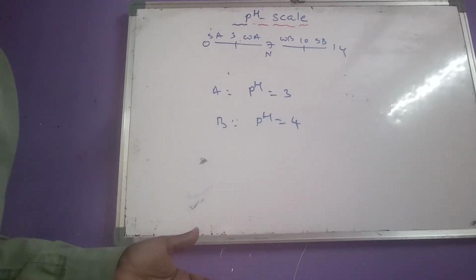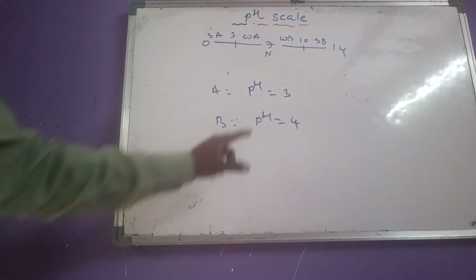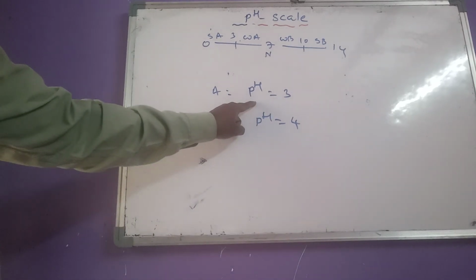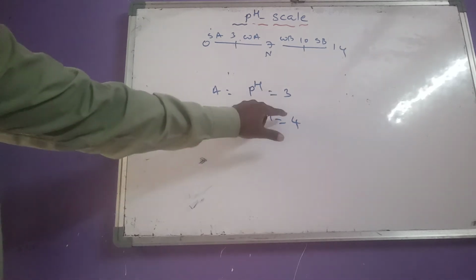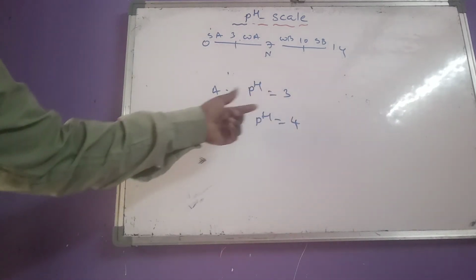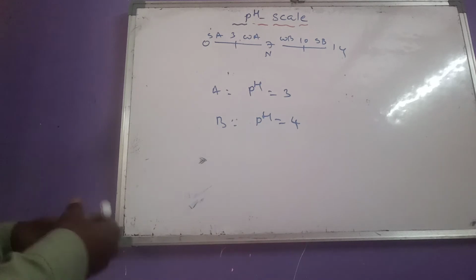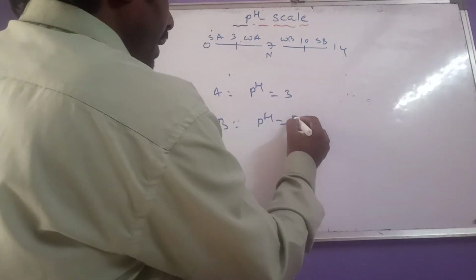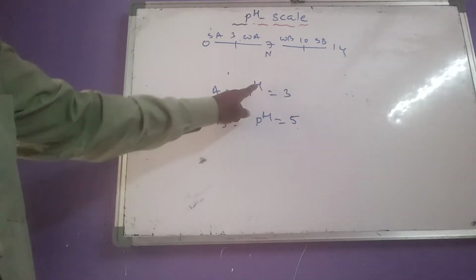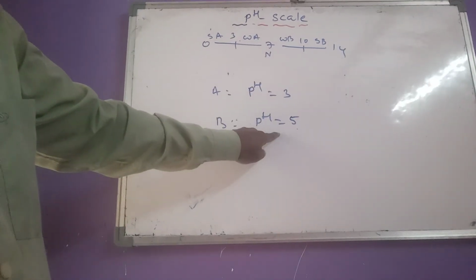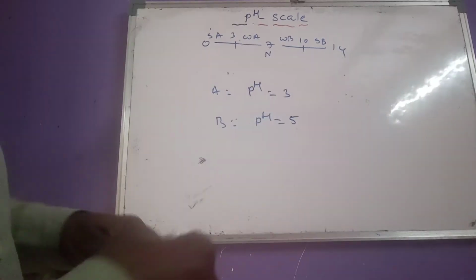But how many times? A acid is 10 times stronger than B acid, because for a 1 unit change in pH we have to tell 10 times. Now if pH is given as 5, then acid A is 100 times stronger than acid B, because of the 2 units difference.